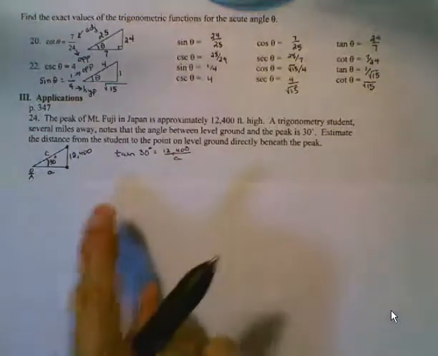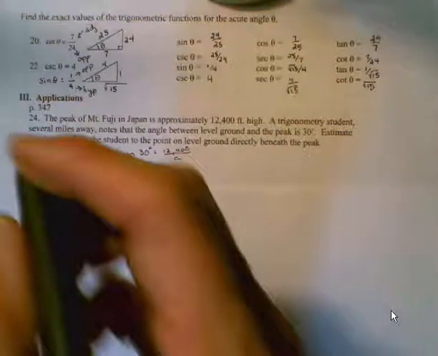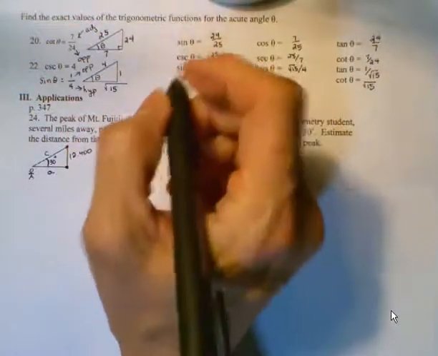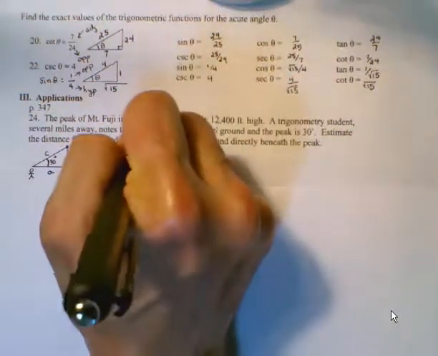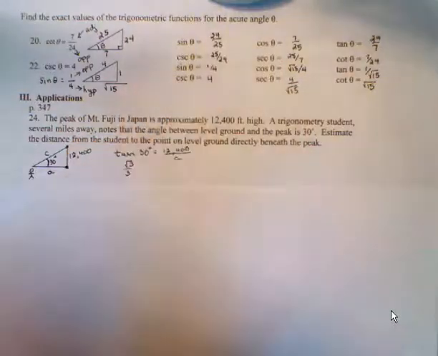Let me just do a side calculation here. Let me just tell you, if I looked the value of 30 degrees up on that table, which very soon I won't have to do, I would get that tangent 30 degrees is square root of 3 over 3.